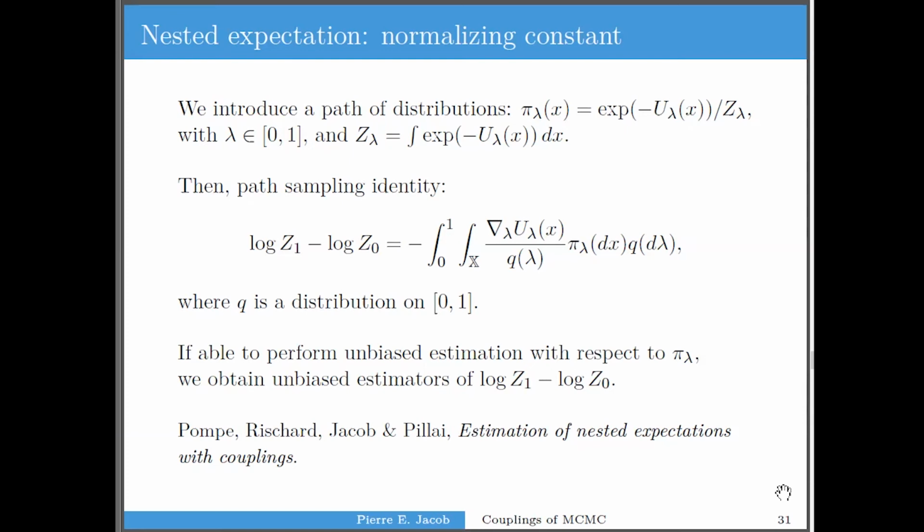And so again, by writing it as a double integral and doing unbiased estimation at each stage, you have an unbiased estimate of log Z. Whereas, for example, SMC samplers provide an unbiased estimate of Z and not log Z. And it's not clear that it's better or worse, but it's funnily different.